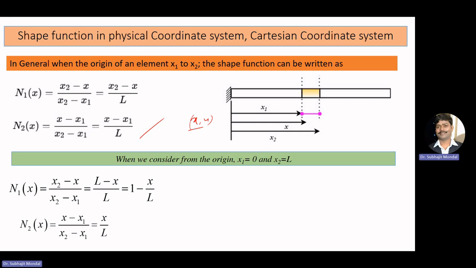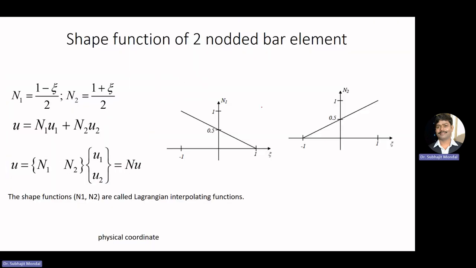Now, we can also derive the shape function of this 1D bar element in our natural coordinate system. If you consider the natural coordinate system, in that case, our shape function will look like this. Here, n1 is equal to (1 minus xi)/2, and n2 will be (1 plus xi)/2.